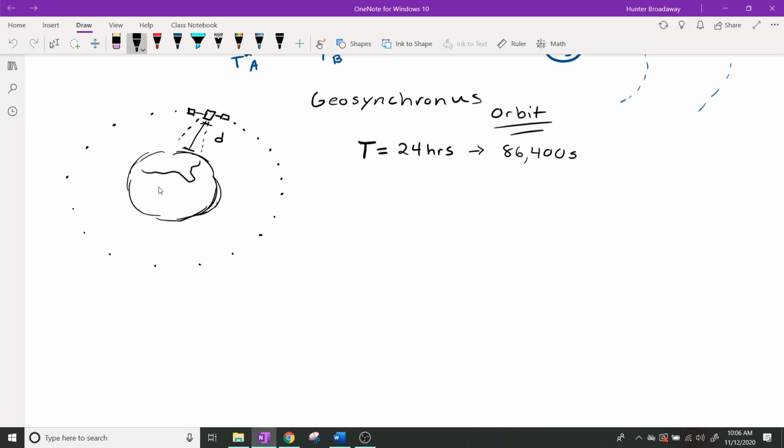Now I have to be careful here, because whenever I write this out and I say that this is the orbital distance d, this distance is actually going to be the distance from the satellite to the center of mass of the Earth. So this distance right here is going to be our total distance whenever we plug it into the equation.